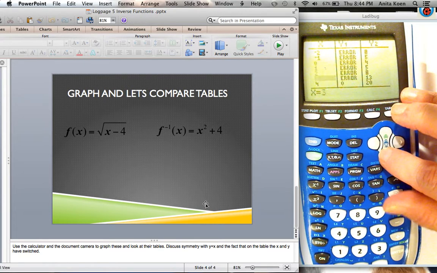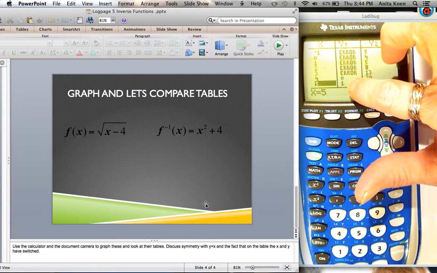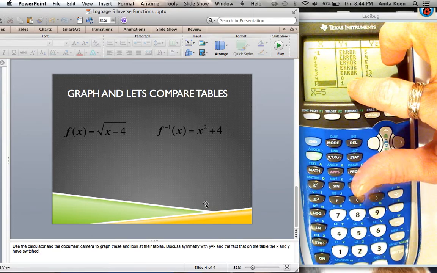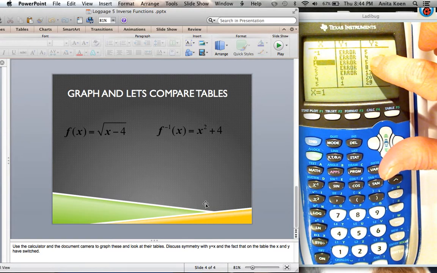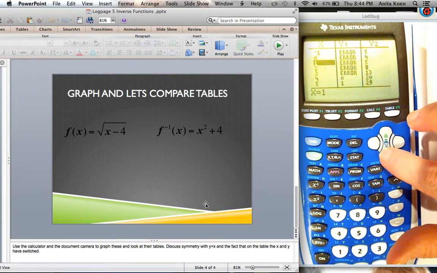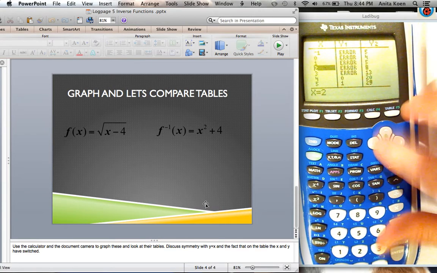All right, so let's go back down and look at (5, 1) is on my square root of x minus 4. (1, 5) is on my function x squared plus 4. (2, 8) is on the function x squared plus 4.